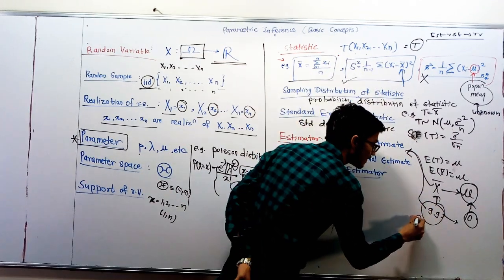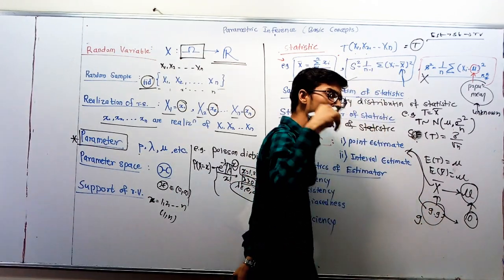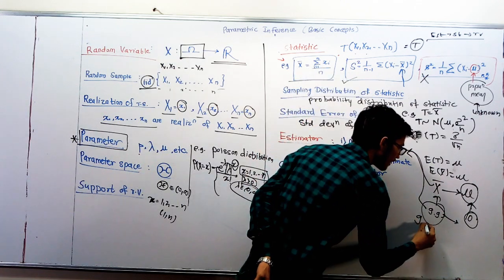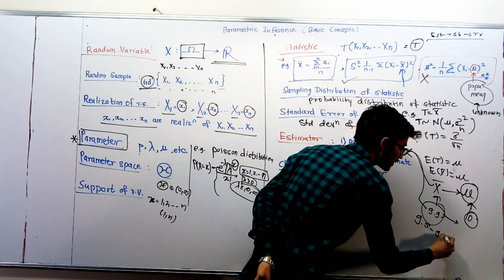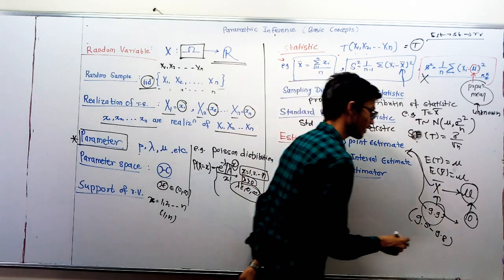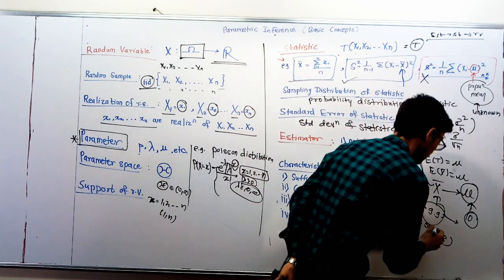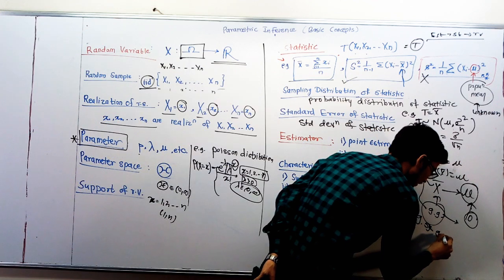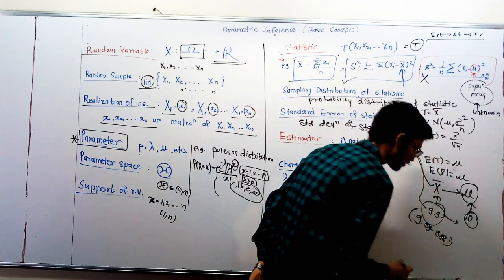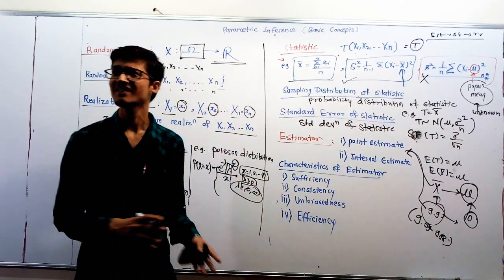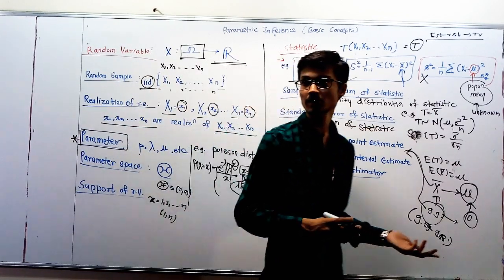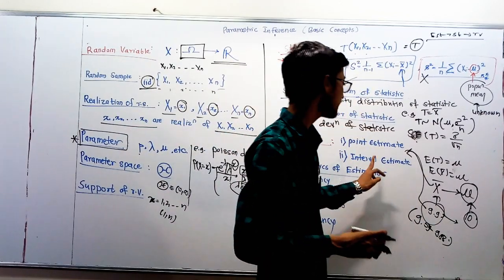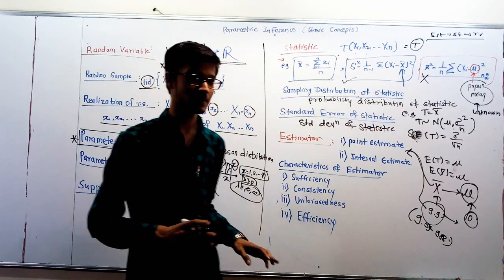And if I say that the value of the population mean lies between 9.59 to 9.98, if I give an interval to you, then it will be the interval estimate.